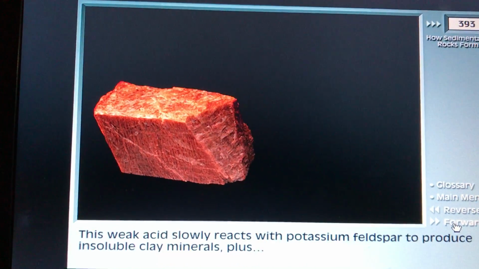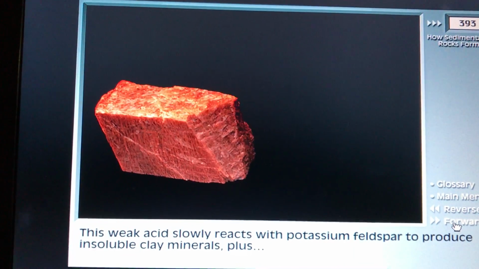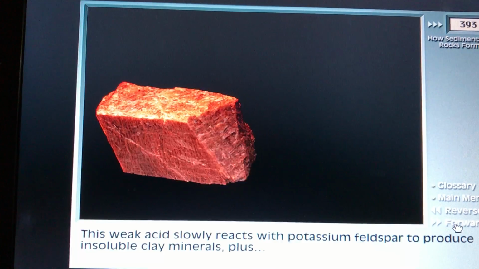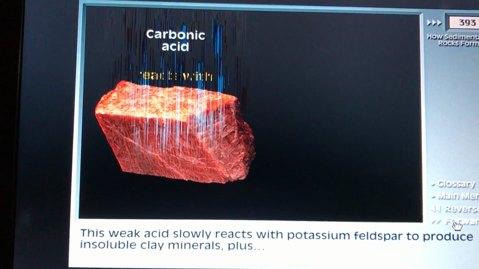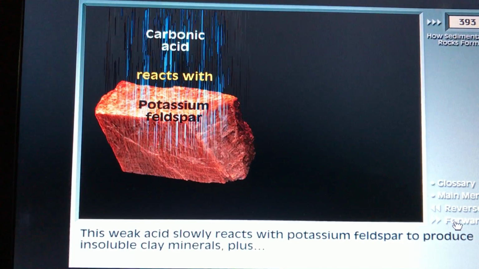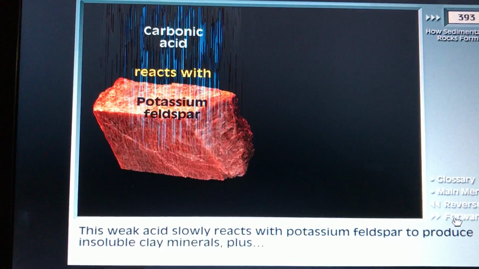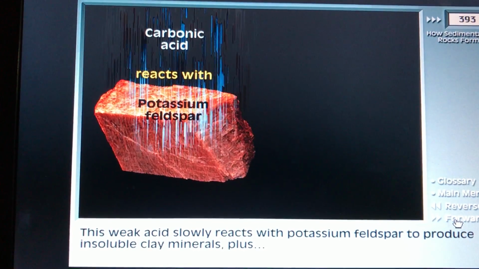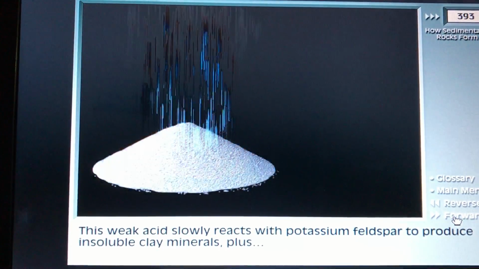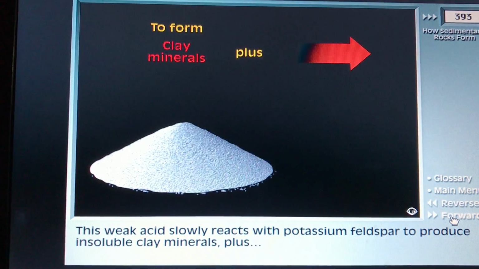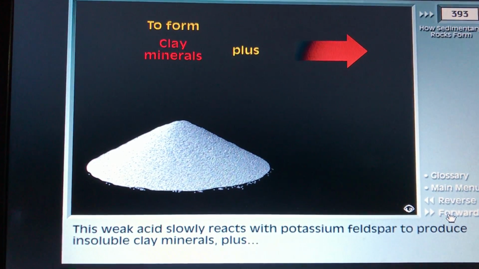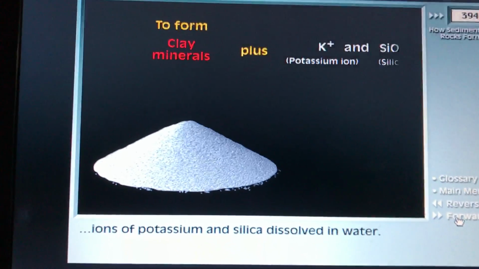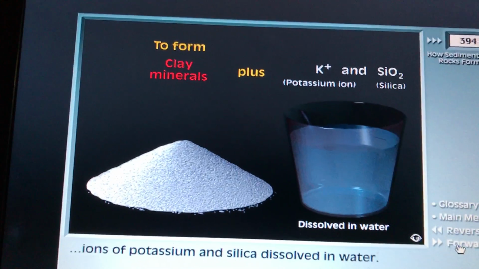This weak acid slowly reacts with potassium feldspar to produce insoluble clay minerals, plus ions of potassium and silica dissolved in water.